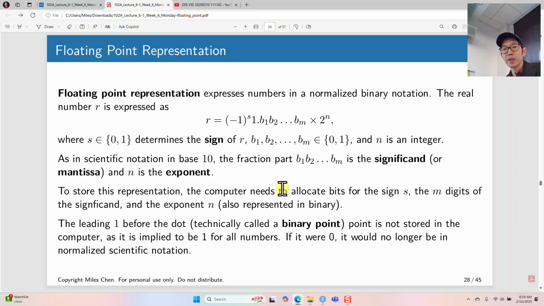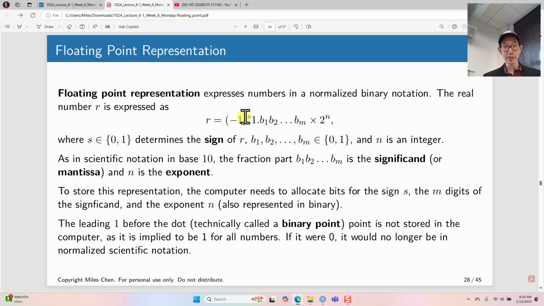All of the numbers that we store will be stored in basically scientific binary notation, normalized. So that means we have a sign bit, -1 to the s, so s is either 0 or 1.